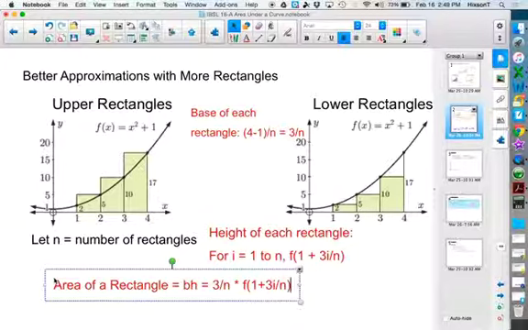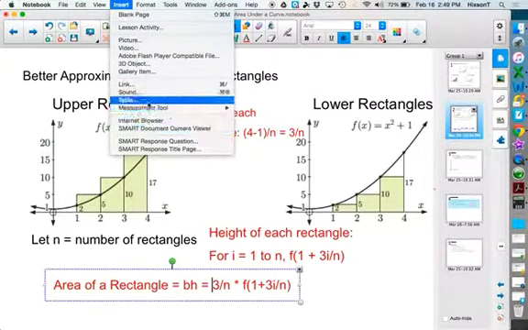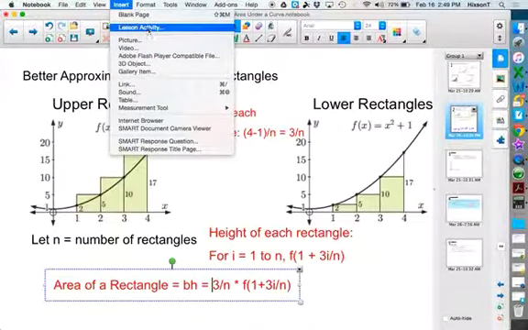Okay? But I don't want the area of just one rectangle. What do I want to do with all of them? Sum of the area. I want to get the sum of the areas. So, here's where we're going to use the sum.